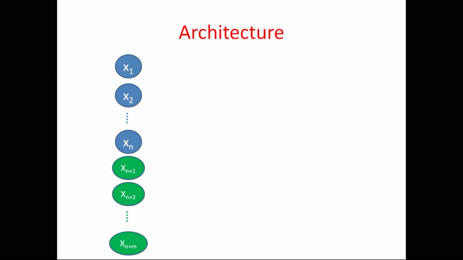That means the blue colored neurons are from 1 to n and the green colored neurons are from 1 to m. So there are n plus m neurons in the input layer, and y is the output layer. The input neurons are directly connected to the output neuron. There is no hidden layer in this architecture.